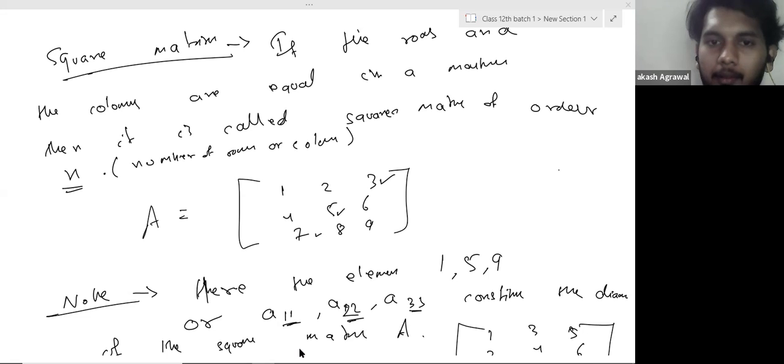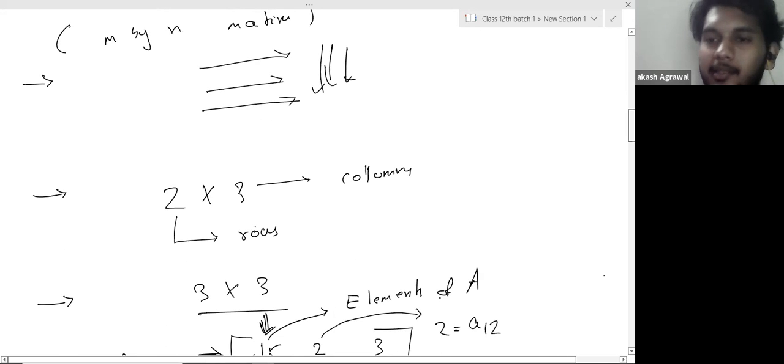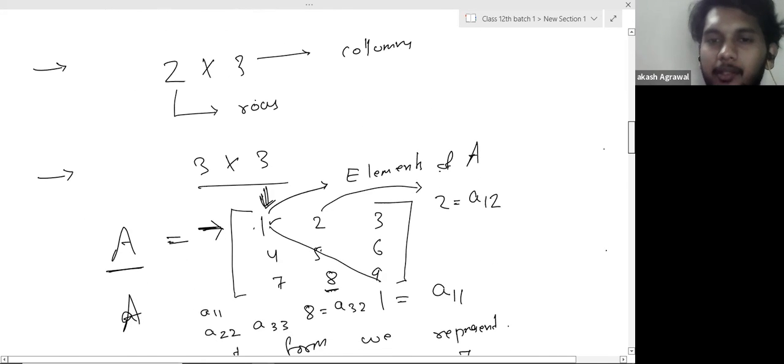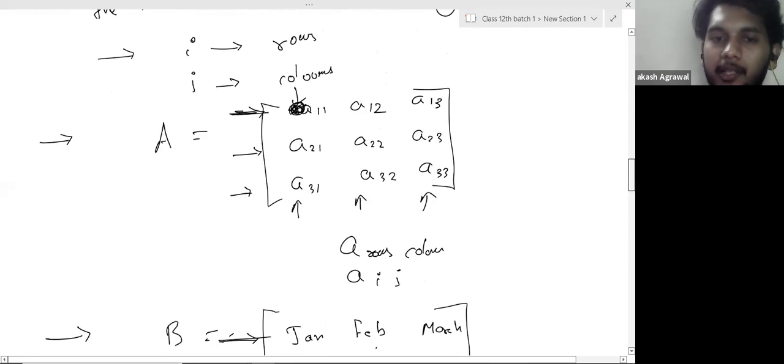All right. We have already started matrix. So let me revise quickly. Matrix is nothing but data representation or arrangement of numbers. We term that as rows and columns in a matrix.